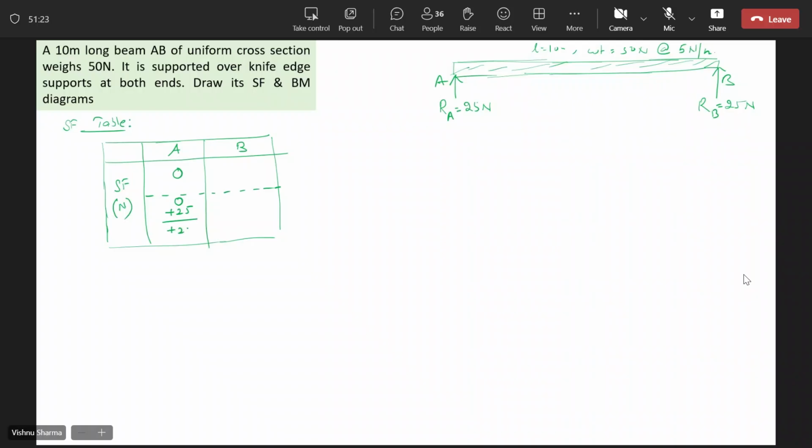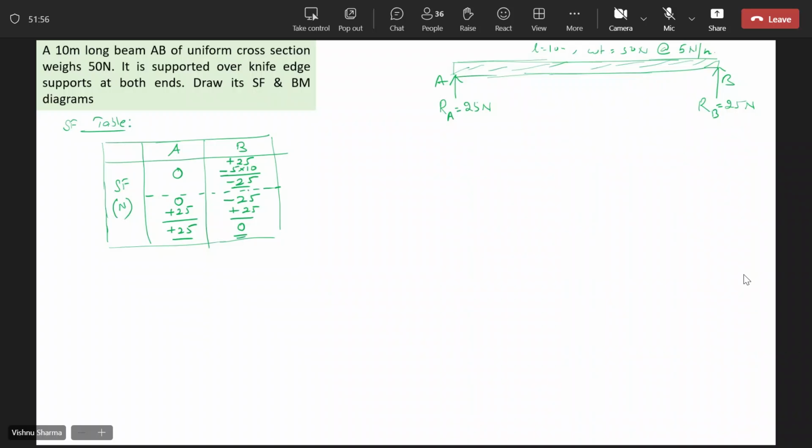This will be plus 25 here. We carry forward plus 25 and we move from just right of A to just left of B. And we have 10 meters of beam weight coming into picture. That means minus 5 into 10, making it minus 25. Then we carry forward minus 25, and then we have plus 25 coming into picture, making it 0.